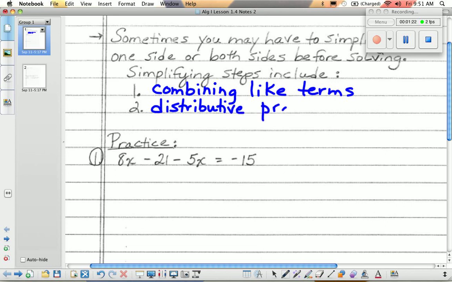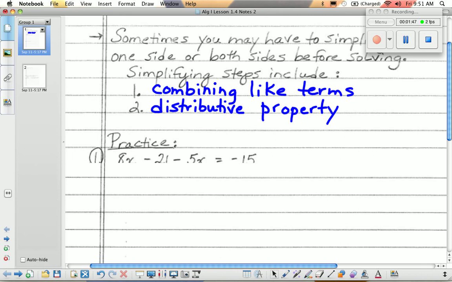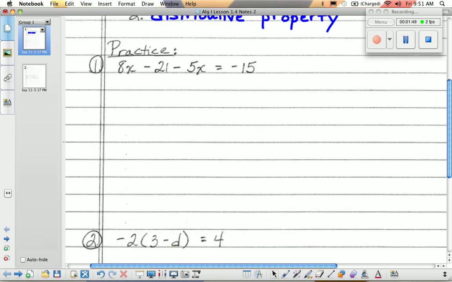Those are the two simplifying steps that can happen in an equation before you try to solve it. So today, we're going to be looking for, do I need to simplify either side or maybe both sides of the equation before we start to do the solving part, then doing the same thing on both sides. Okay? So let's look at our first problem here.